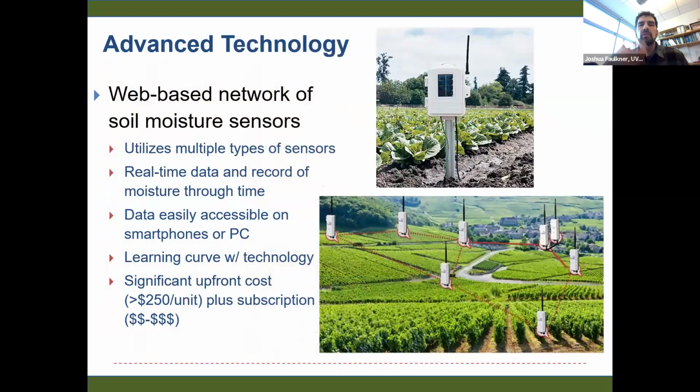And then, like I said, there are other systems that are used in other parts of the country, a web-based network of soil moisture sensors. We've trialed three or four of these types of systems where you can look at the soil moisture at various locations on the farm on your smartphone. Fantastic in theory. There is a learning curve with the technology and a significant cost.